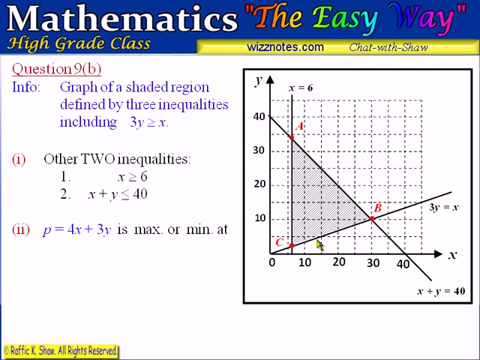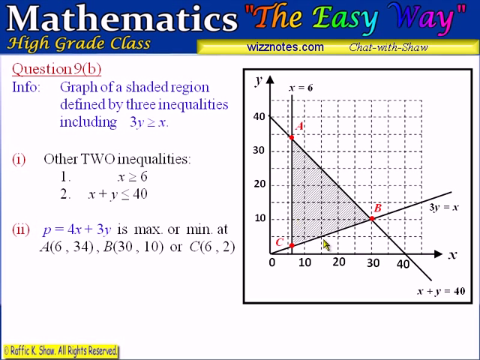And we can go ahead and write the coordinates of those three vertices. The points that will be used to calculate the maximum or minimum value of P would be A, which is (6, 34), or B, which is (30, 10), or C, which is (6, 2).